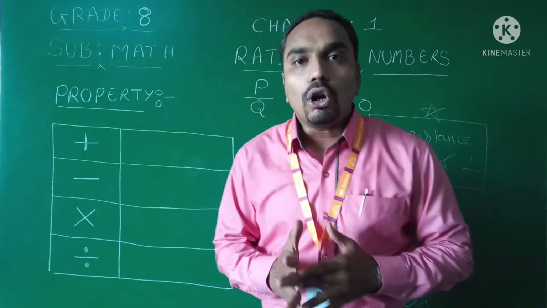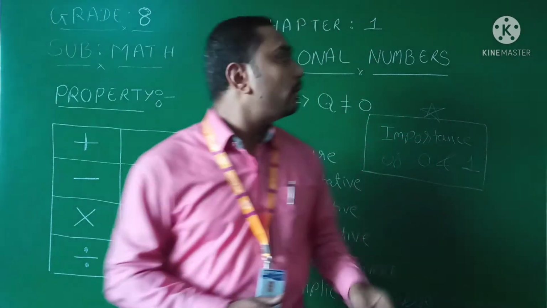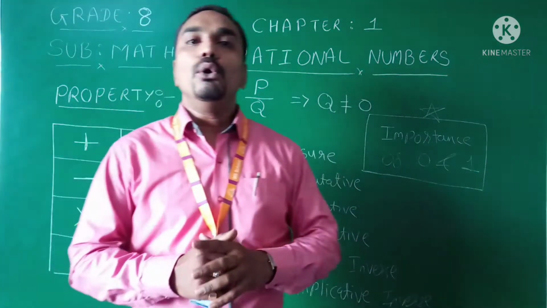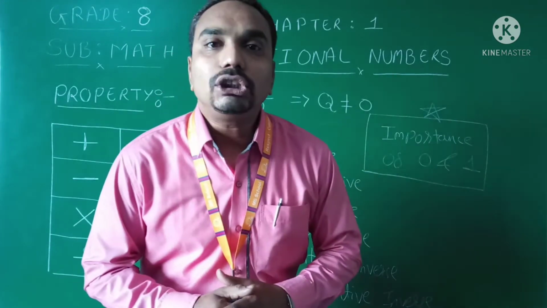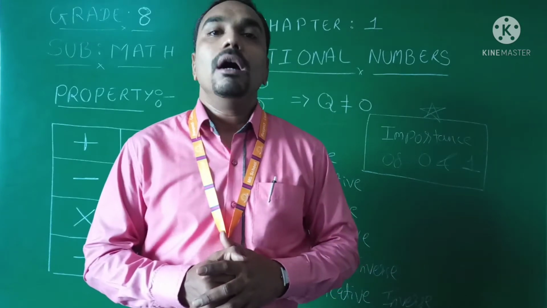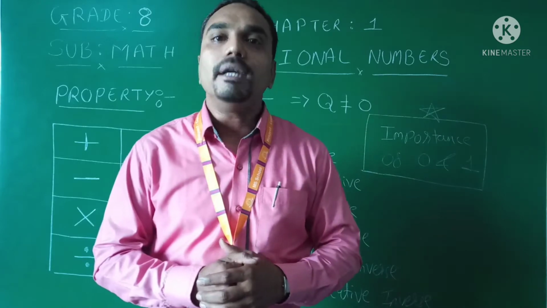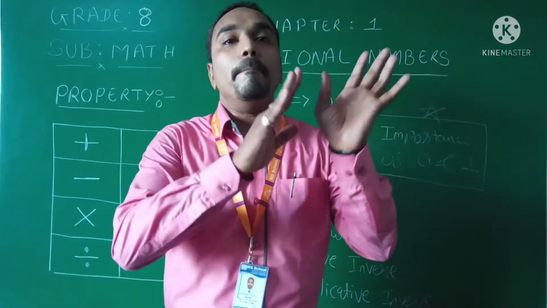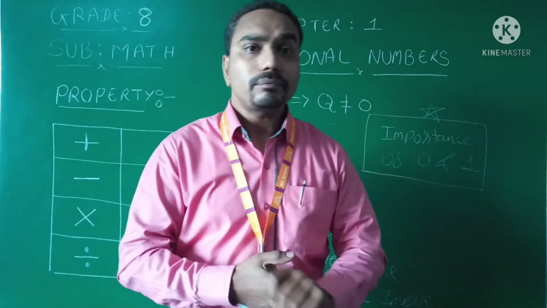So guys, you already know that a number in the form of P upon Q is known as a rational number. Rational numbers may be a whole number, a natural number, or an integer, but the rest may or may not be rational numbers.